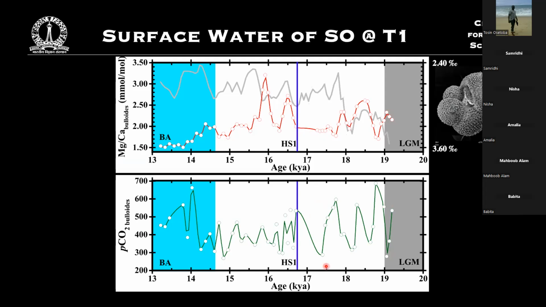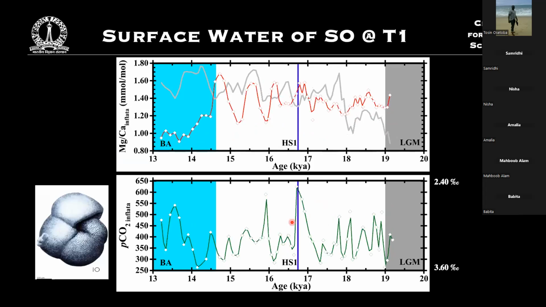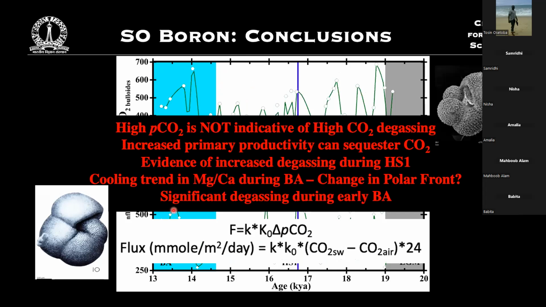And when we move on to the inflata space, same exact observation for Bølling-Allerød, there is a sharp cooling happening over this period of time. However, the CO2 degassing over this period of time in inflata space shows much stronger CO2 degassing, which will be equivalent of stronger upwelling to the surface. Now, why would the inflata and the bolloides be decoupled?